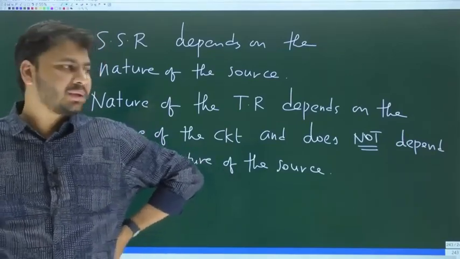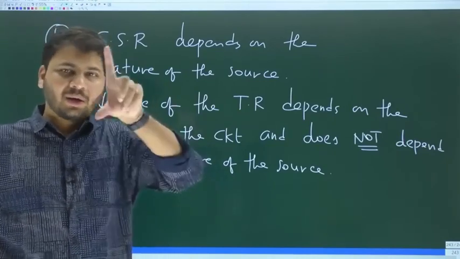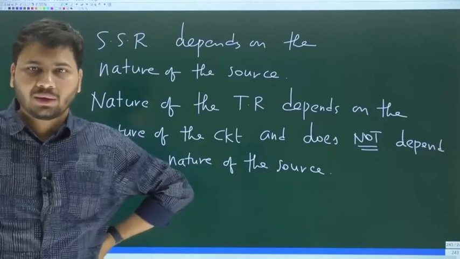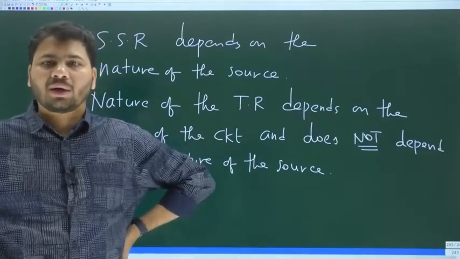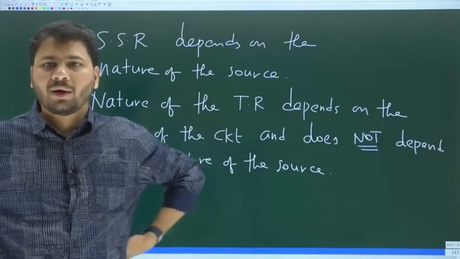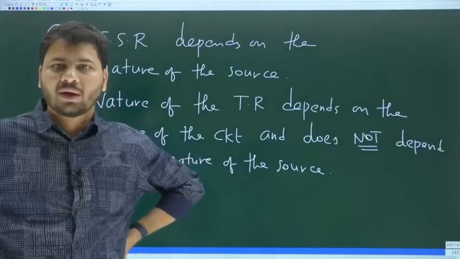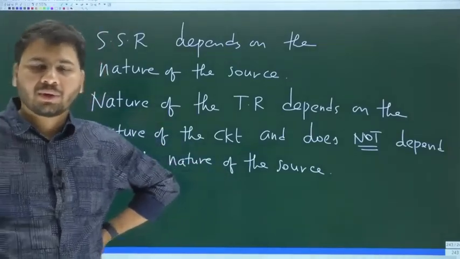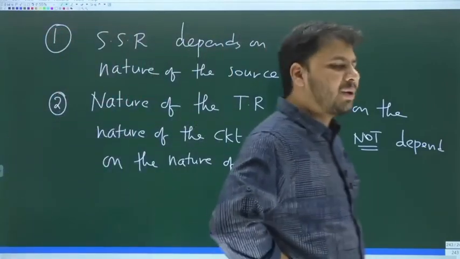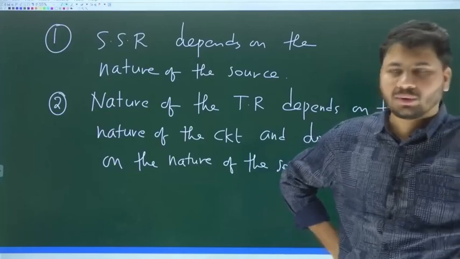Similarly, RL circuit and RC circuit both are what? First order circuits. In fact, all first order circuits will have a particular type of transient response. In the same way, all second order circuits will consist of a particular type of transient response. All third order circuits will consist of a particular type of transient response. So transient response depends on the nature of the circuit but not on the nature of the source.